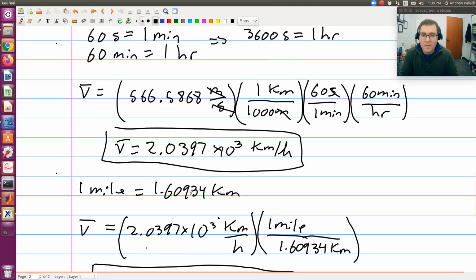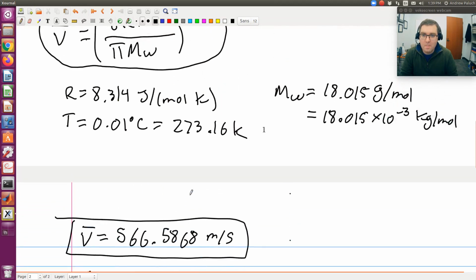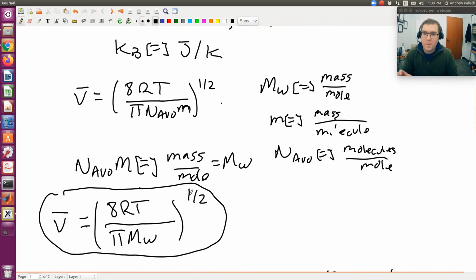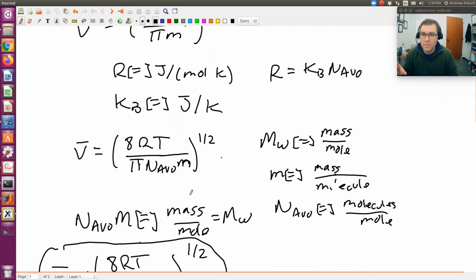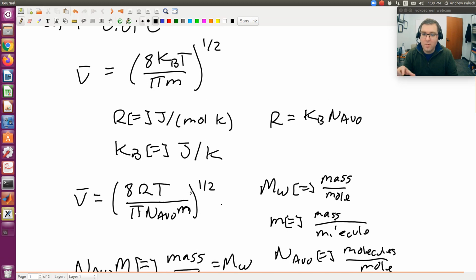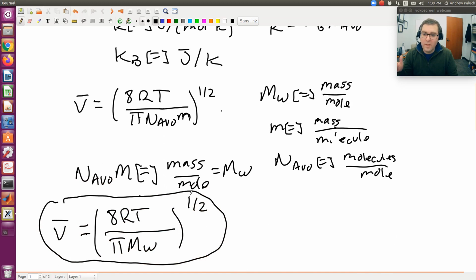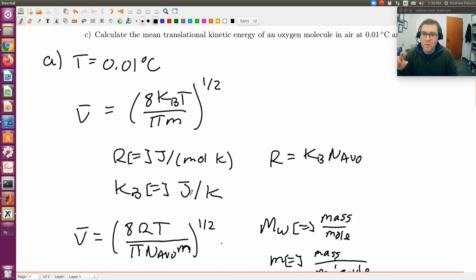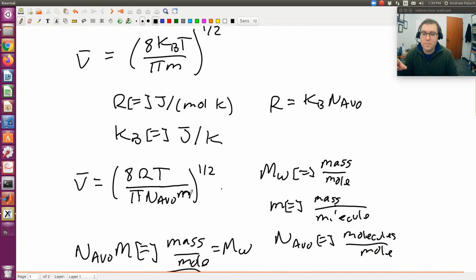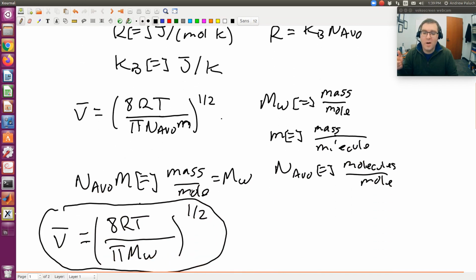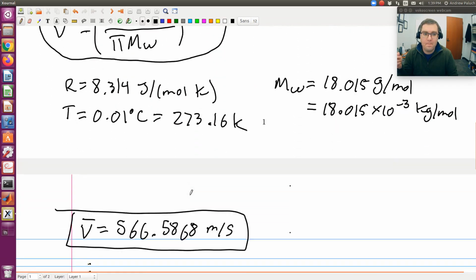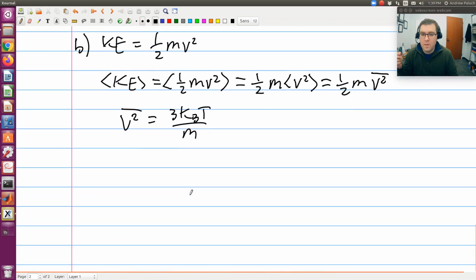And we're going to make the same substitution as we did up here: kBT over m just becomes R over molecular weight. So I'm going to rewrite this as 3RT divided by molecular weight.